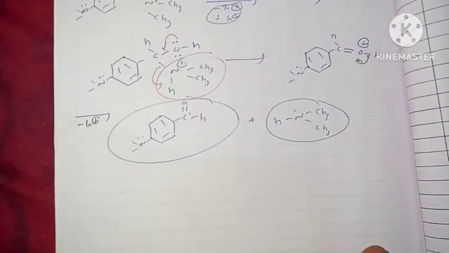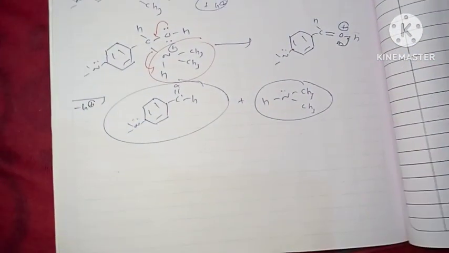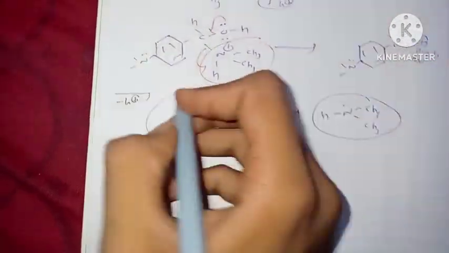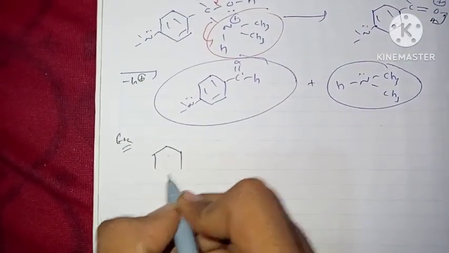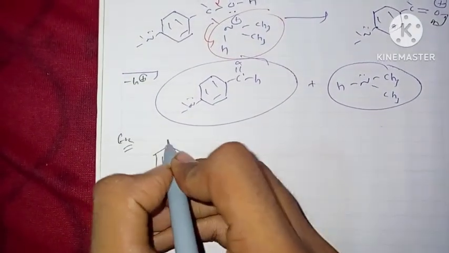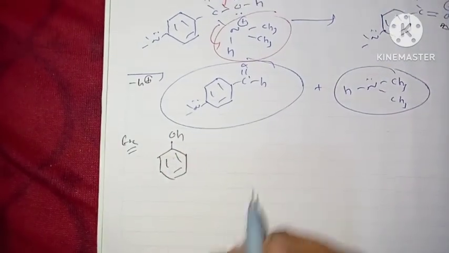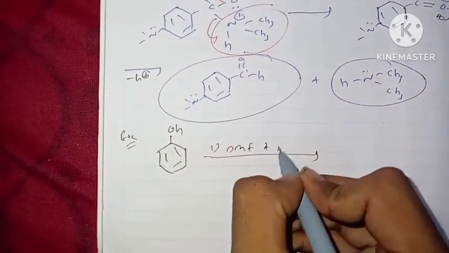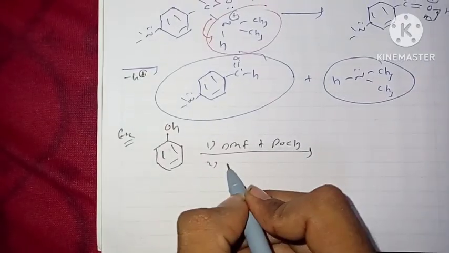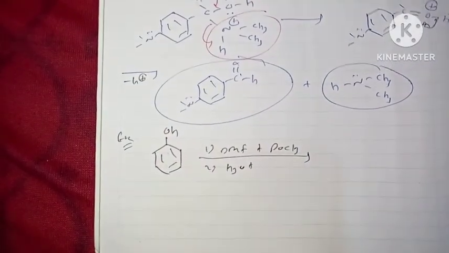I give you some examples to solve by yourself. So the first example is this: phenol, and the reaction with DMF, POCl3, and then after aqueous workup.